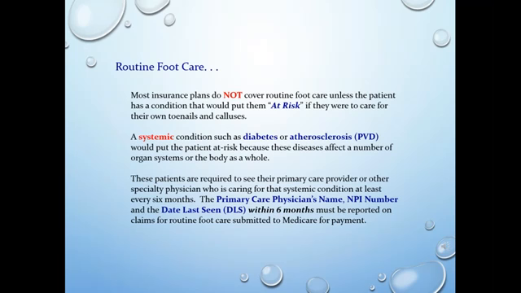And then you must have that date last seen within 6 months in order for that claim to be properly adjudicated for that at-risk foot care, especially by Medicare. So making sure you have the primary care's name, the NPI, and the date last seen within 6 months is paramount in order to getting that covered.